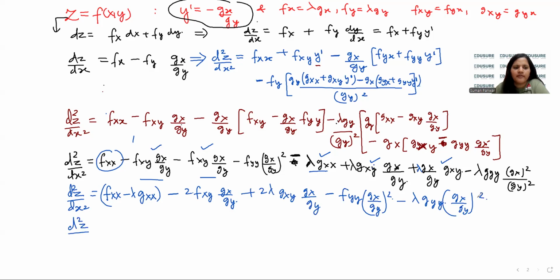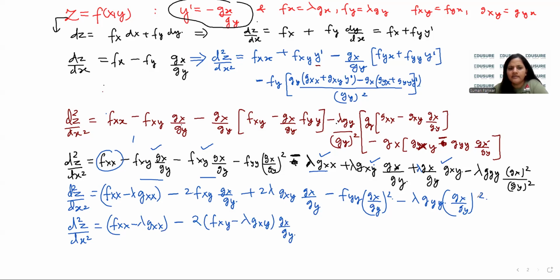So then d2z by dx2 will be fxx minus lambda gxx minus 2 fxy minus lambda gxy gx by gy, and then this is minus plus. Okay, so this should be plus and then minus. Then we will have fyy minus lambda times gyy gx by gy whole square.